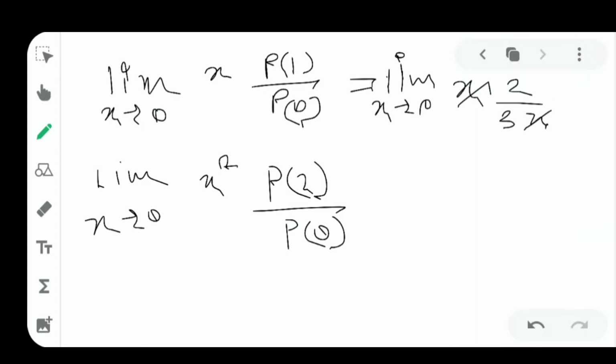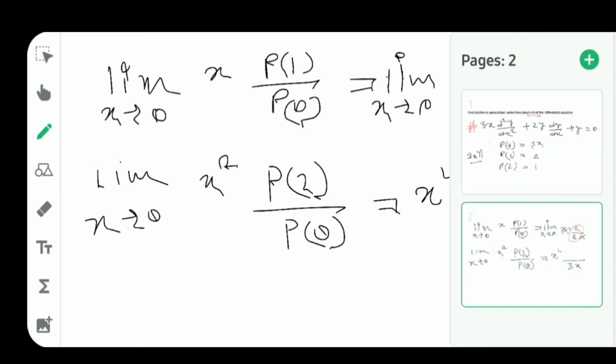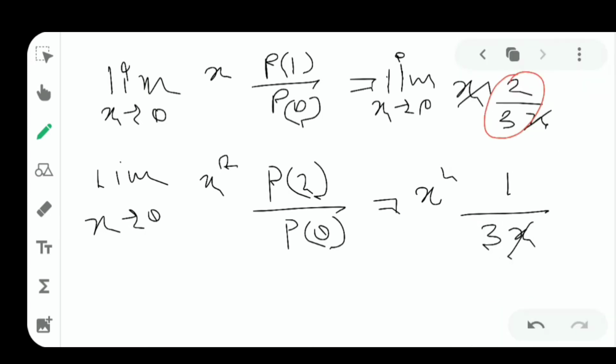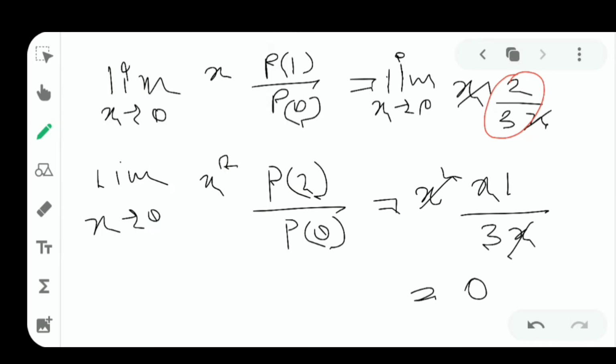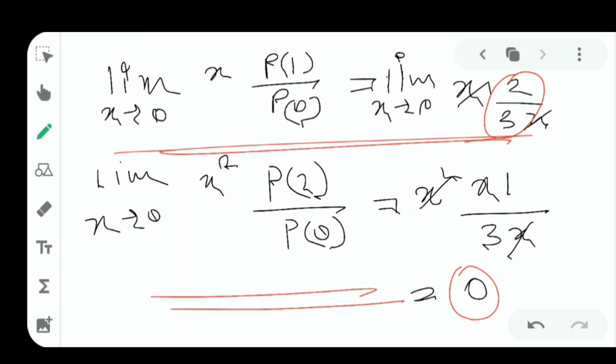And the limit of x squared, p2 is 1, upon p0 which is 3x: x is there, and you put 0 here, then the answer will be 0. So both limits are finite numbers and they exist.